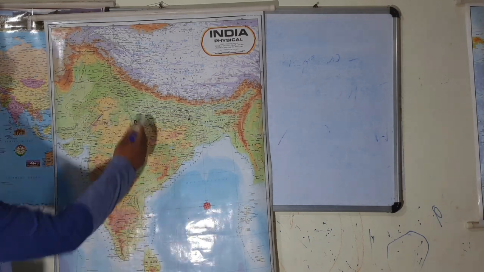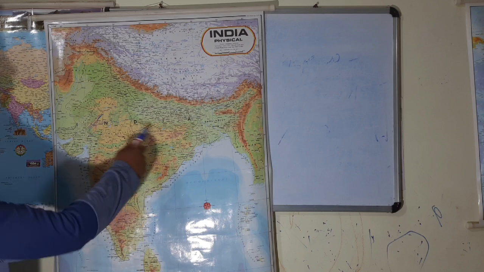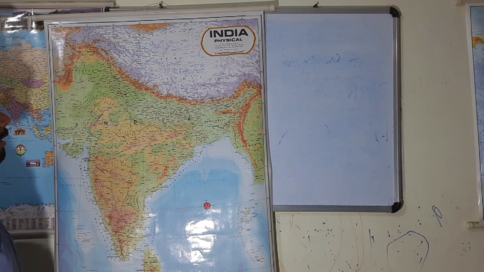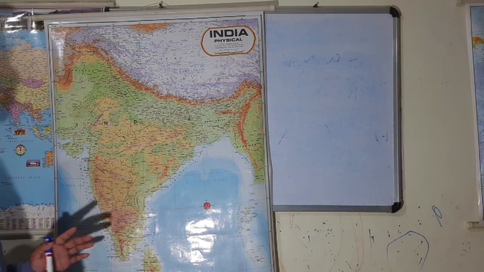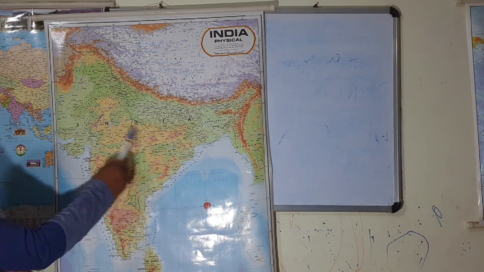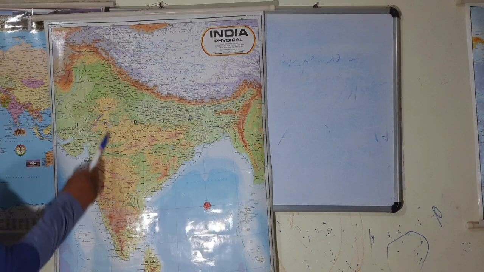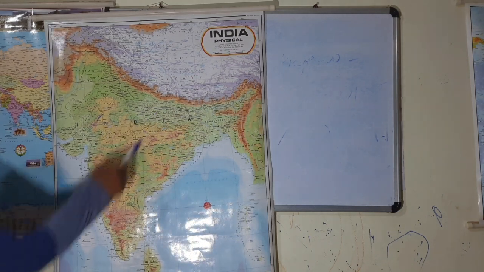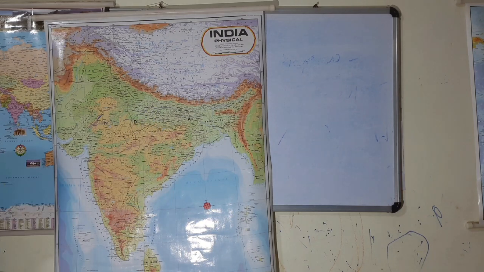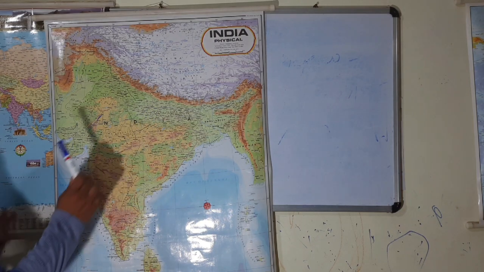And in the eastern part, which one? The Maikal range is there. Clear? So the Malwa plateau is surrounded by the Aravalli range in the northwest, the Vindhyan range in the south, and the Maikal range in the east.